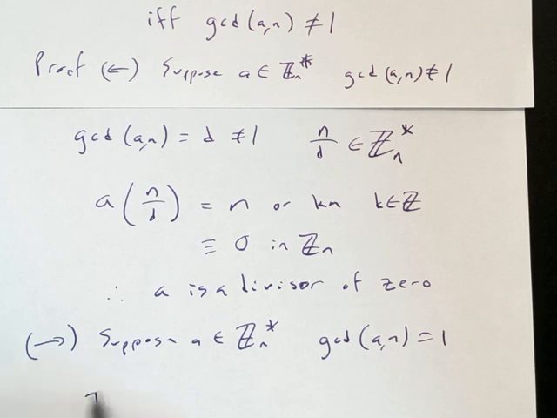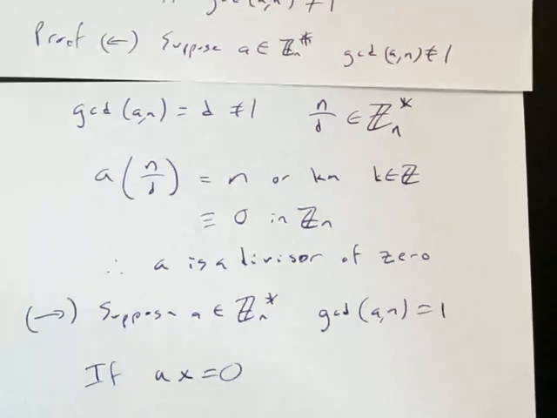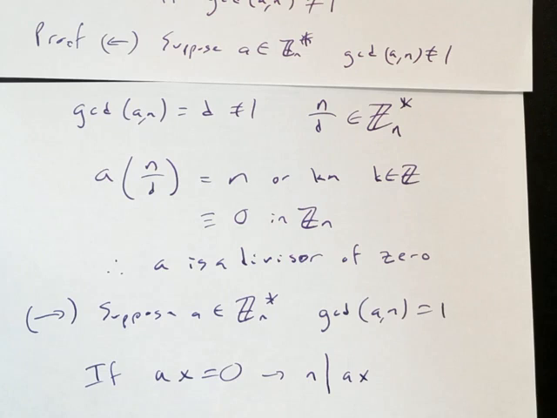So if AX equals 0, that tells me that N divides AX. Wait a minute. N divides A times X, but N is relatively prime to A, so what does N have to divide?